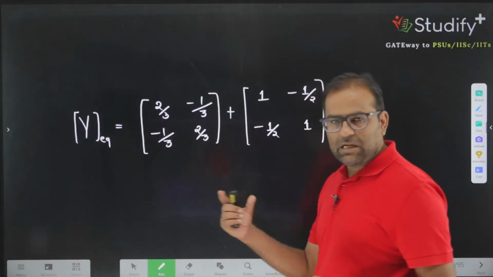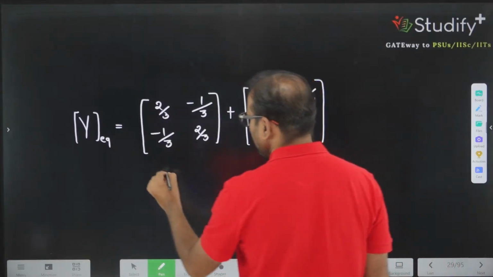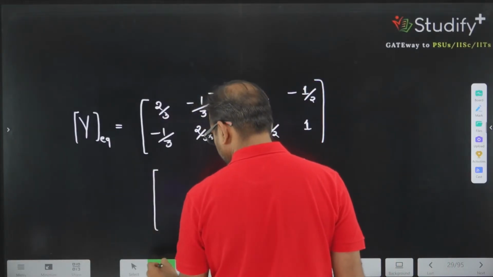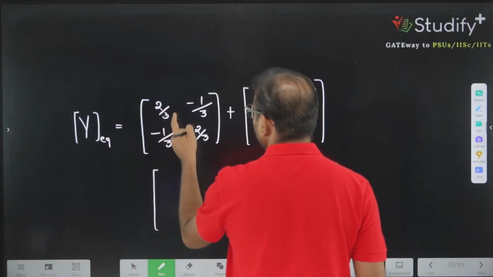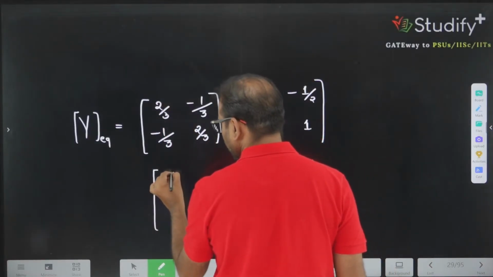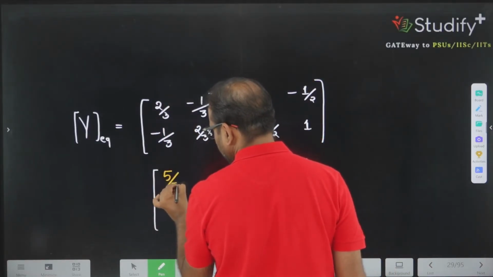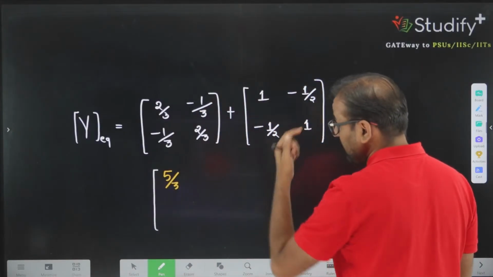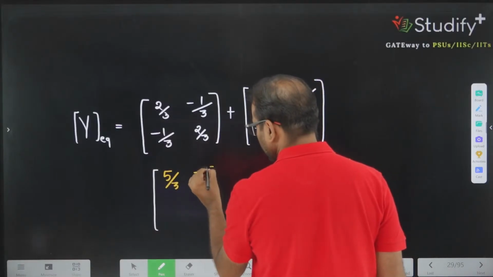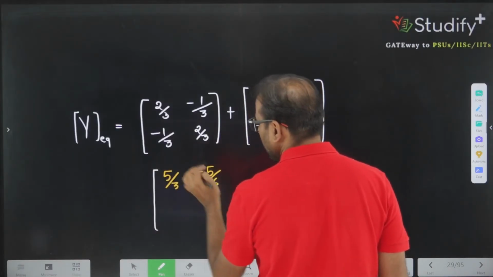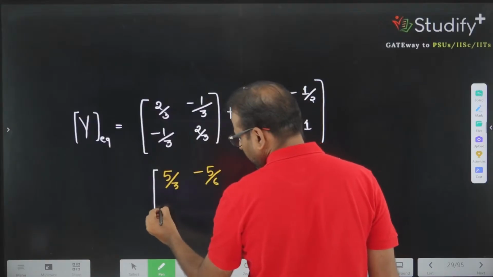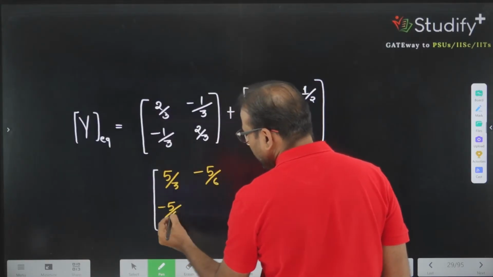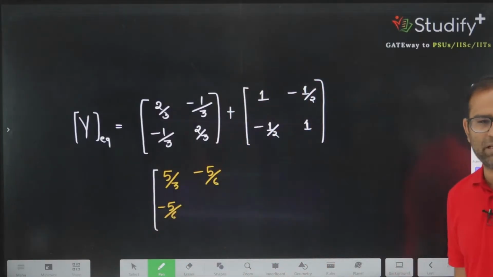When I add these two networks, this value will be what? 2 by 3 plus 1 is 5 by 3. Minus 1 by 2 minus 1 by 3, when you add 1 by 2 and 1 by 3, this is minus 5 by 6, and minus 5 by 6.